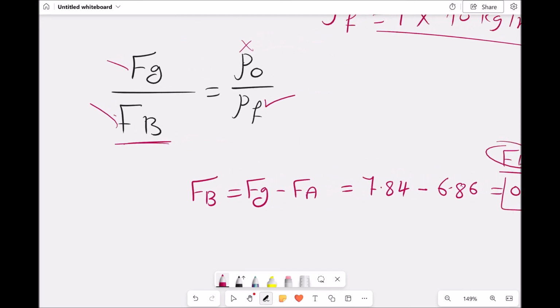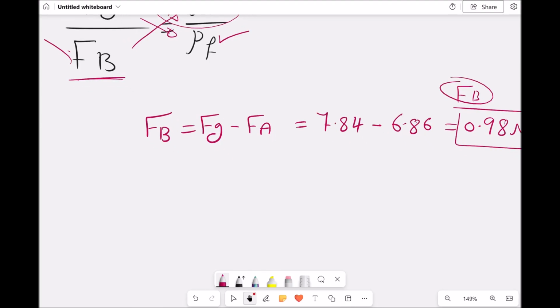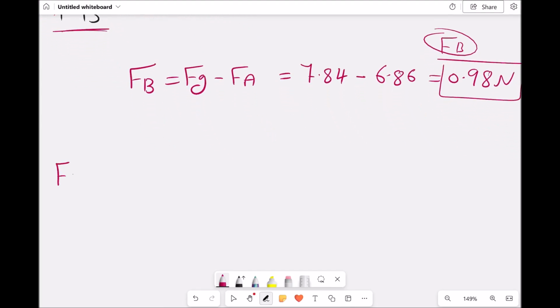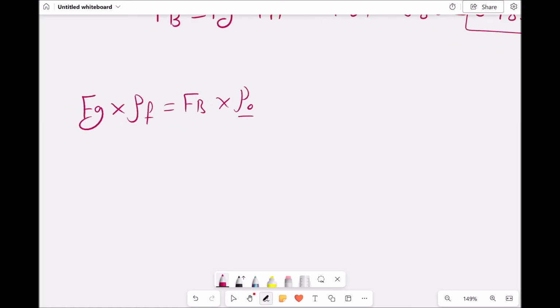The one thing that remains is the density of the object. Let's find this one, guys. Now, use the cross multiplication. Multiply this one by this one and multiply this one by this one. So you have Fg multiplied by rho F equal to Fb multiplied by the density of the object. You needed to find the density of the object, so divide both sides by Fb.